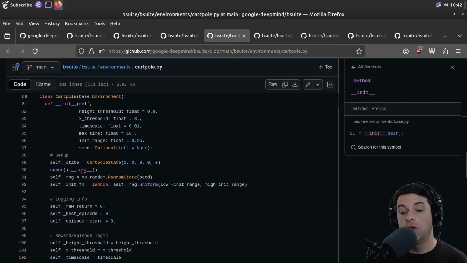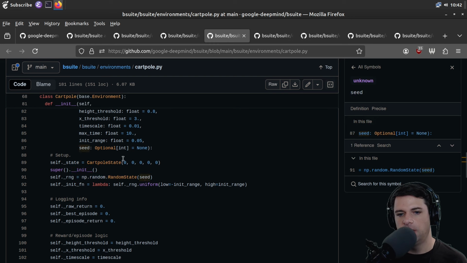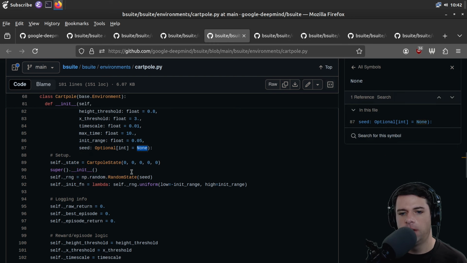And then we call this super init function, as we always should. And we get a random seed, passing in the seed, which is initially none, and using the numpy random number generator.